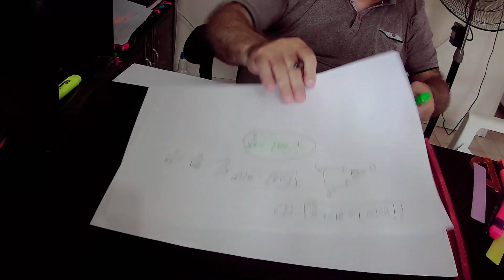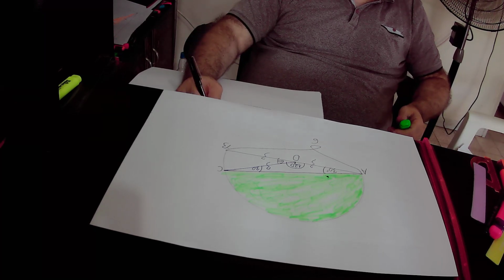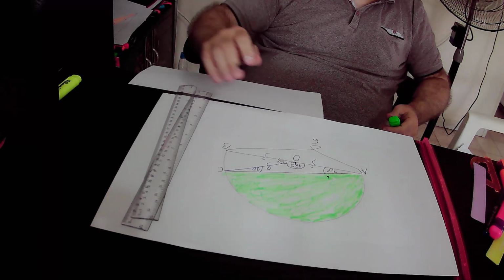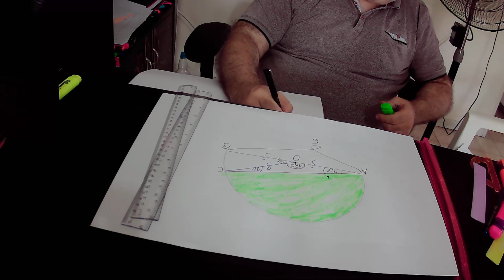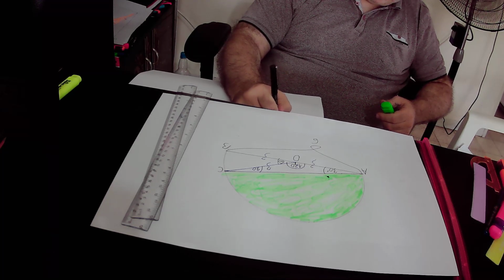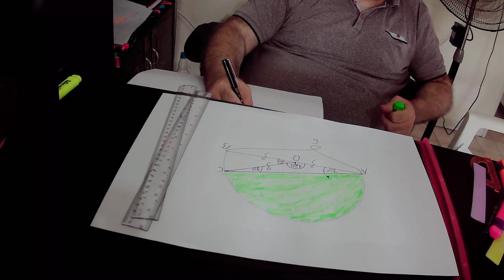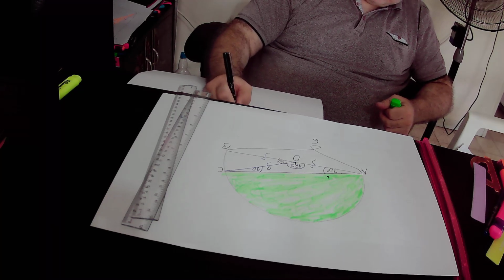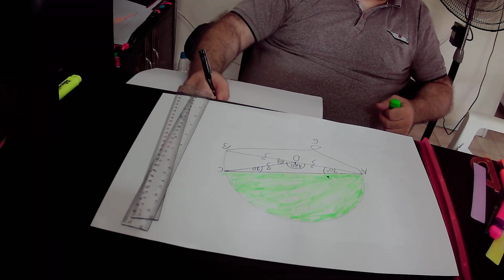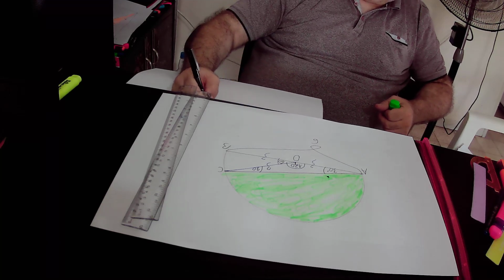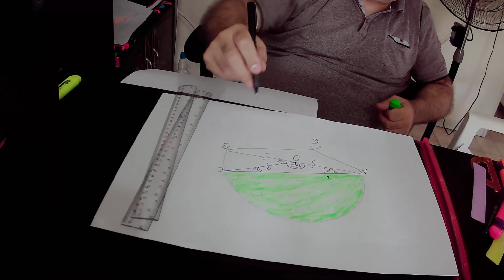I'll repeat the formula that I presented to you. We actually found out that the area of the green shape equals the area of the semicircle minus the area of triangle AOC minus the area of the sector COB.